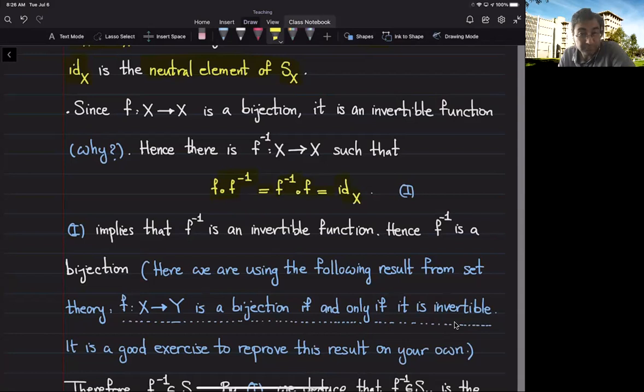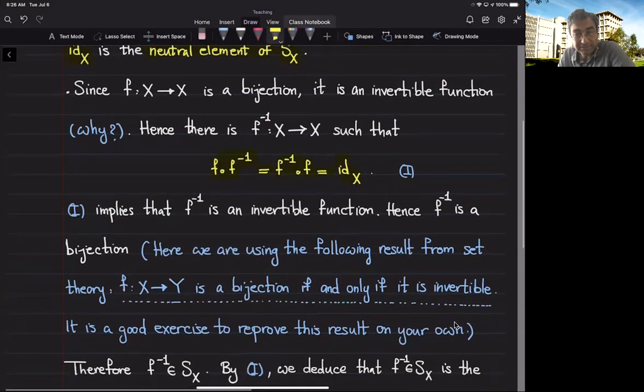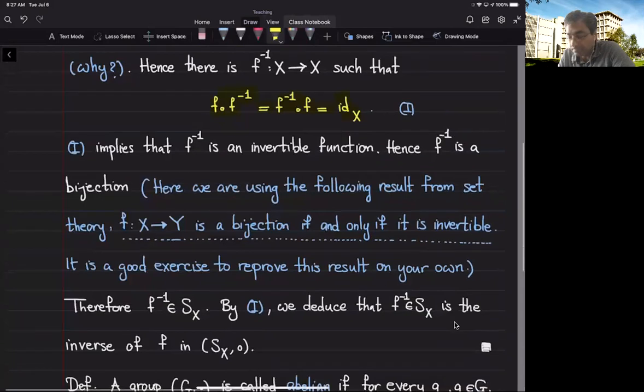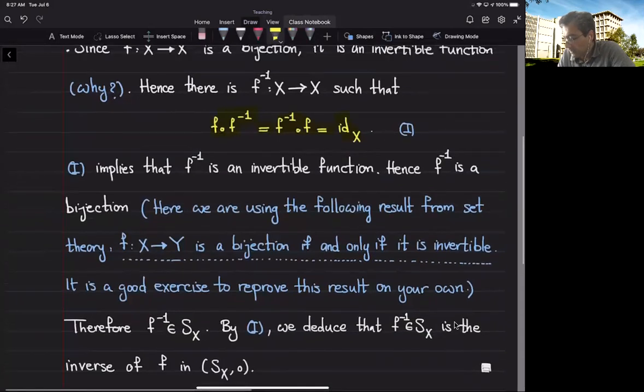Altogether, we have proved all the properties of a group.